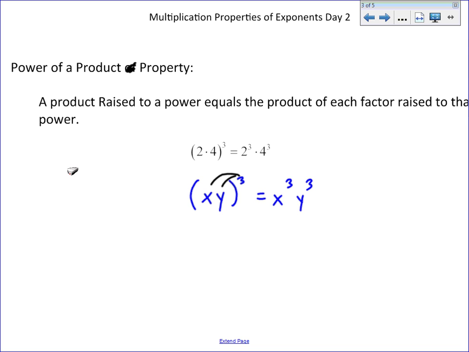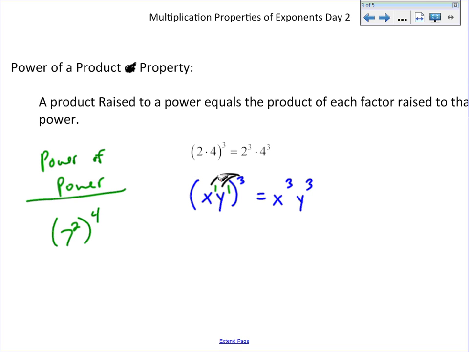And again, that is different than what we did yesterday, which was a power of power. And that was something like this. So notice we only had one base number in here. Here we've got two. And these are to the first.